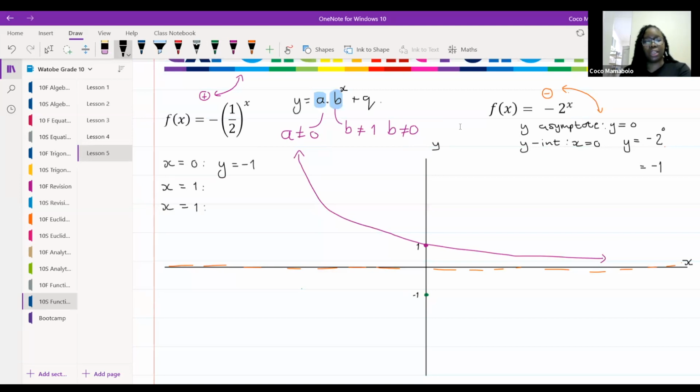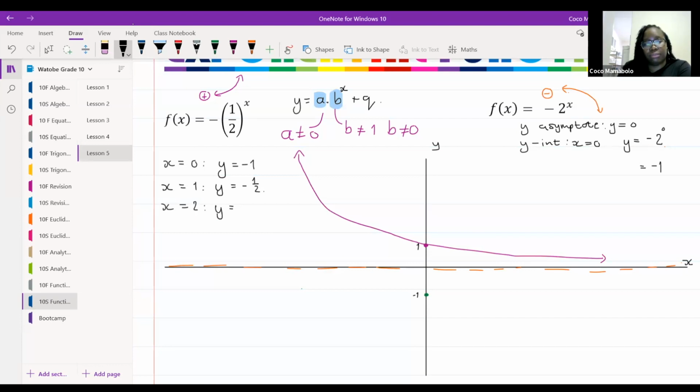What are we going to get? At x is equal to 1, y is going to equal -1/2. At x is equal to 2, y will be equal to?